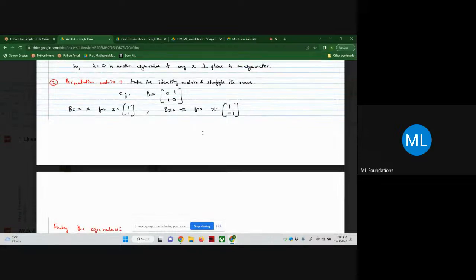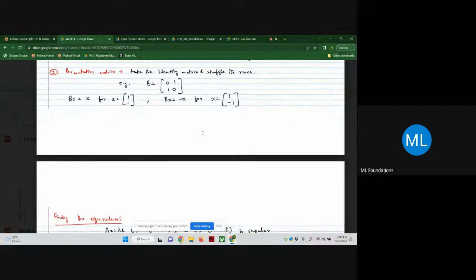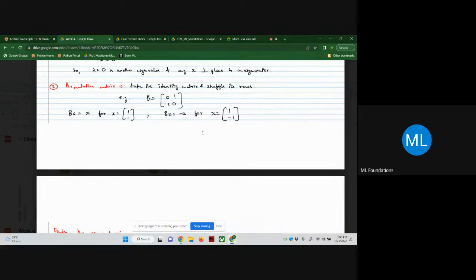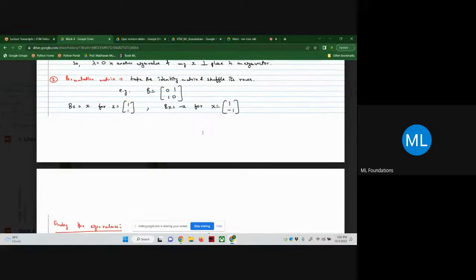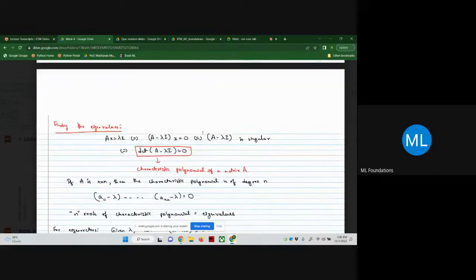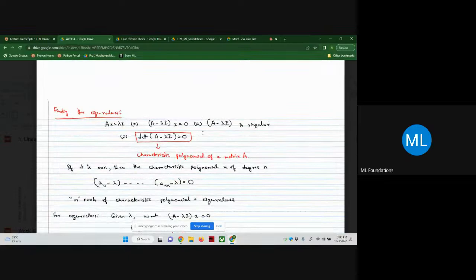Clear? For the identity matrix, the eigenvalue is always going to be equal to 1. But for a permutation matrix where you are shuffling the rows or the columns, either way it's the same, the eigenvalues will either be 1 or minus 1.